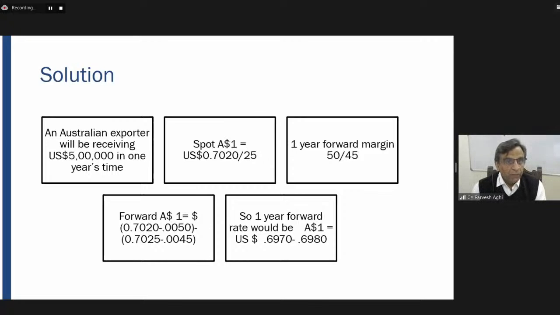Because the forward margins are given as 50 and 45. Normally the bid should be lower and the ask higher, but it is the reverse, indicating that the forward rate is at a discount. So the 1 year forward rate would be A$1 equal to US$0.6970 bid, 0.6980 ask.